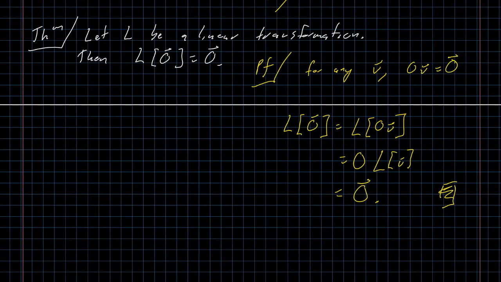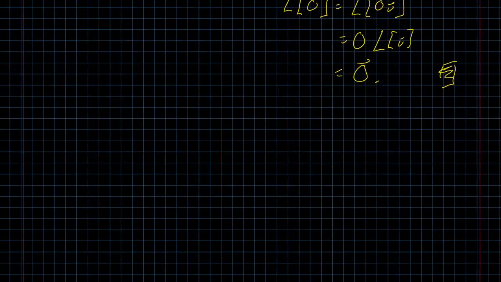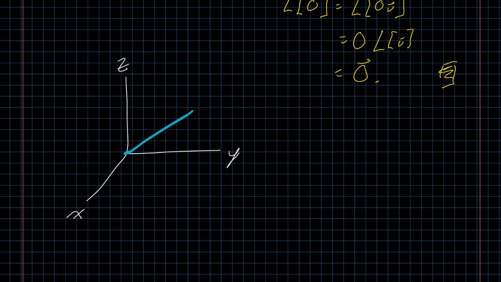But we could also take this down a notch, I guess. Instead of a two-dimensional result, we could get a one-dimensional line passing through the origin.